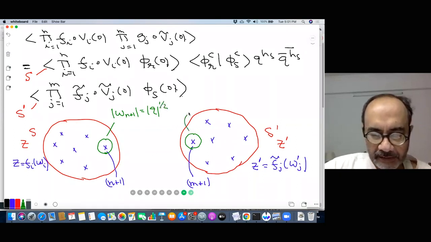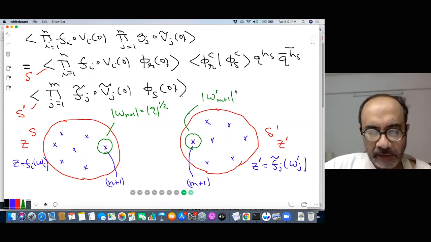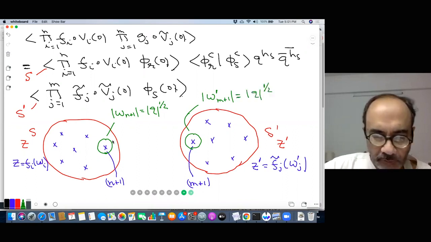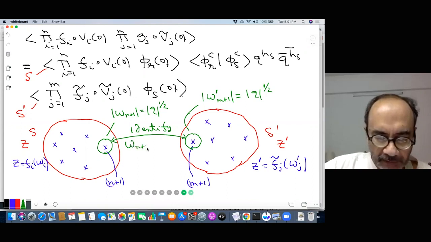And this circle is defined by w prime m plus 1 equal to mod q to the power half. And then identify these by using the relation w n plus 1 times w prime m plus 1 equal to minus q.